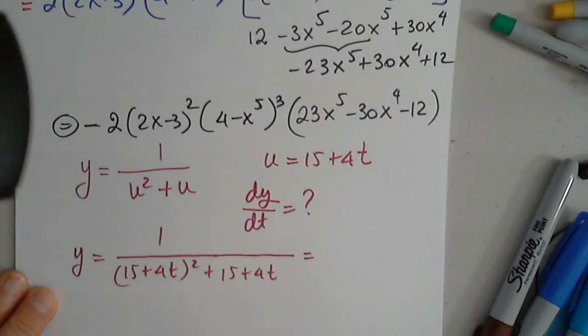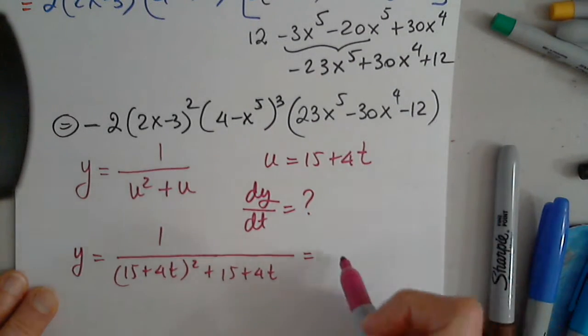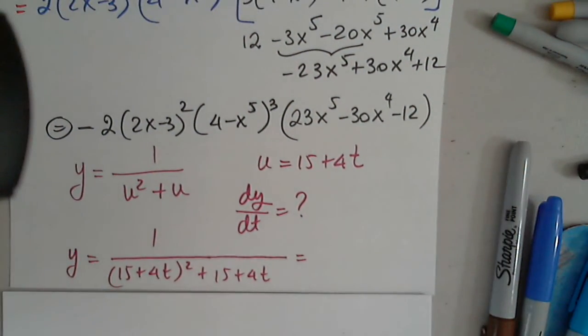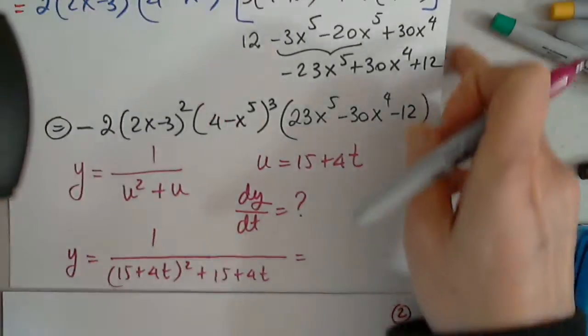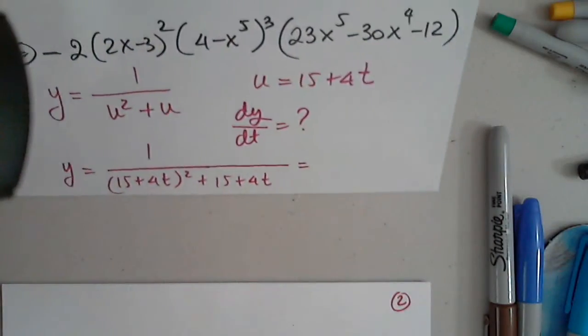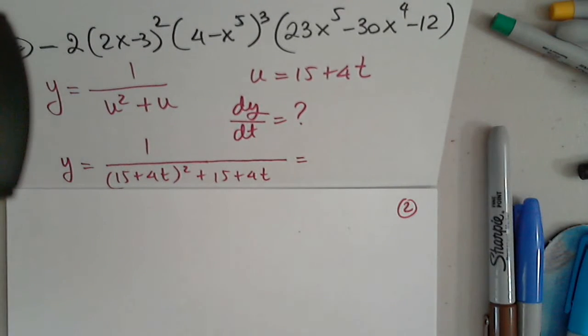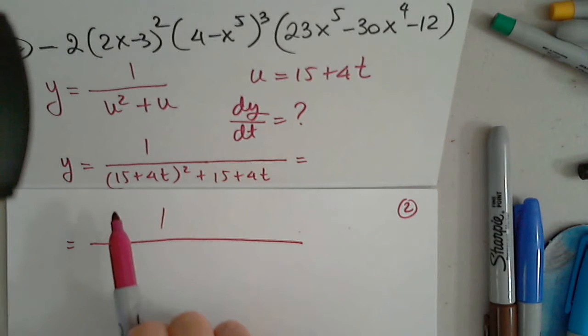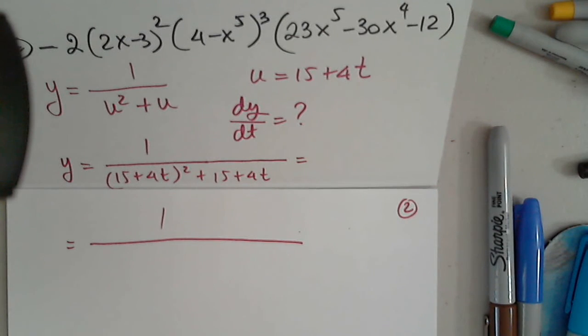Then I will continue trying to simplify this as much as I can. How many terms do we get when we square 15 plus 4t? Do we get 3 terms? Absolutely, always. When we square a binomial, we always get 3 terms.